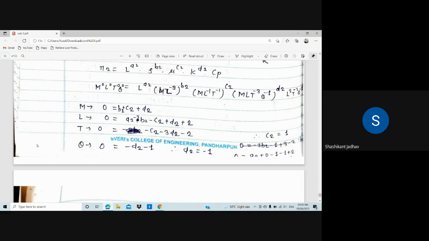Okay, what is the value of a2, b2, c2 and d2? d2 is equal to minus 1, c2 is equal to 1.